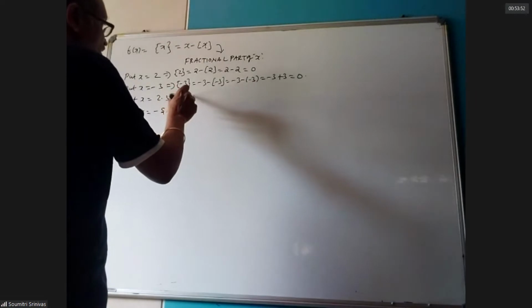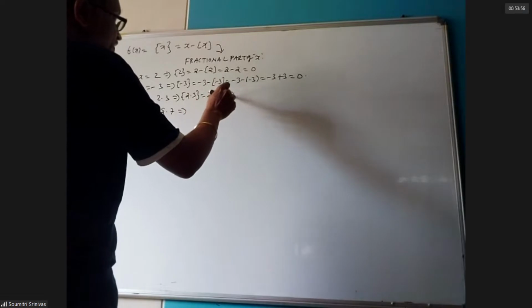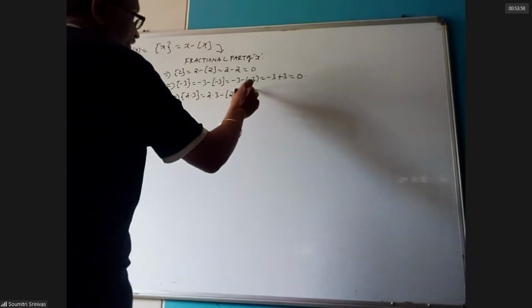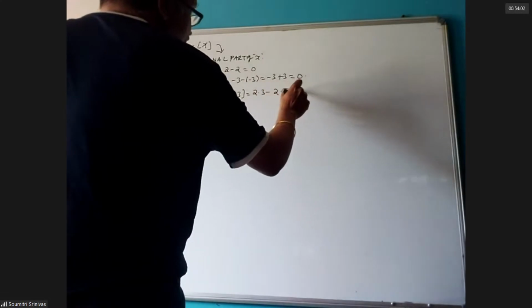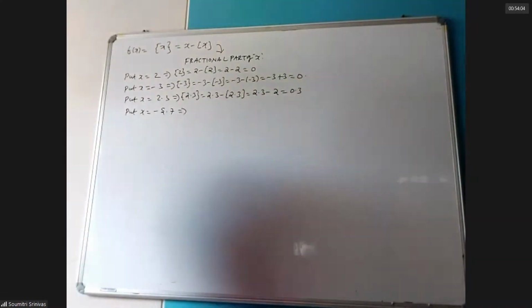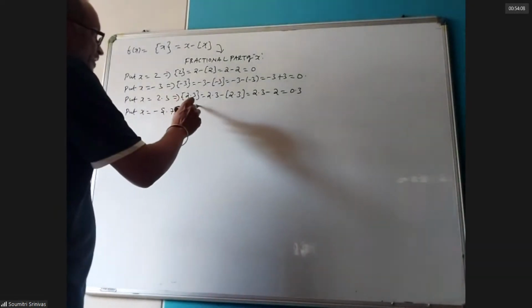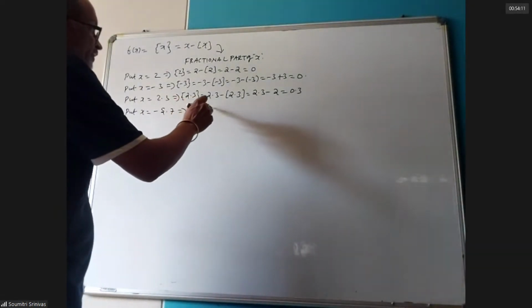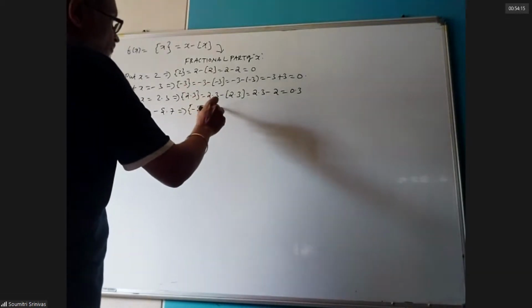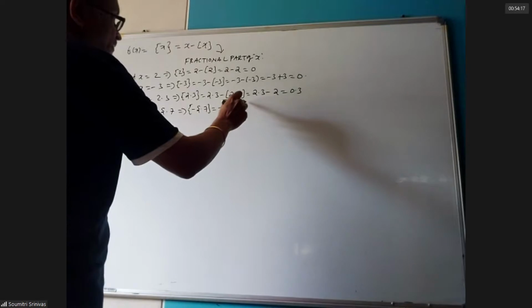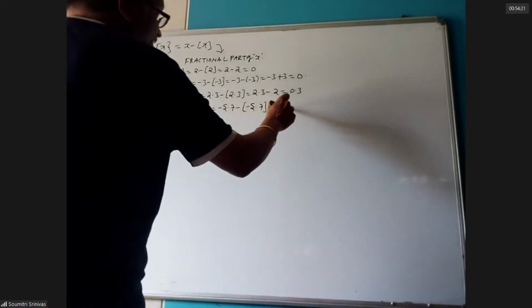Fractional part of 2.3 is 2.3 minus step 2.3. Step 2.3 is 2. What does it give you? Fractional part of minus 5.7 is minus 5.7 minus step of minus 5.7.